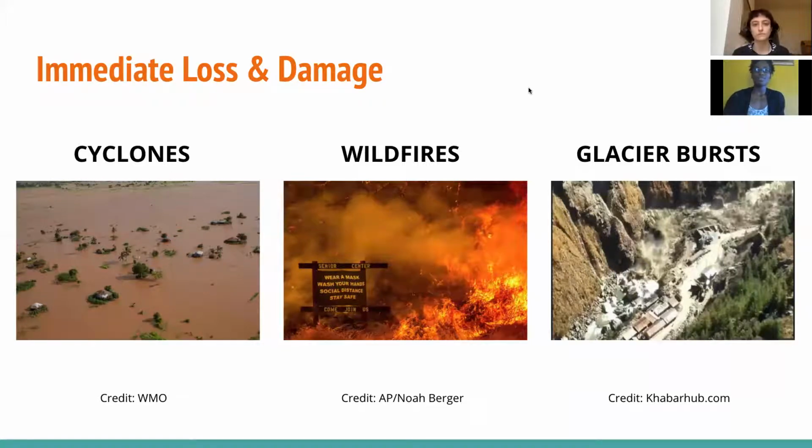The first one shows Cyclone Eloise, which hit Mozambique in Southern Africa in January. The second image shows the wildfires in the western United States. And the third shows the glacier that burst in northern India in February.